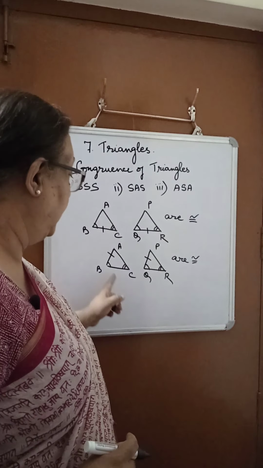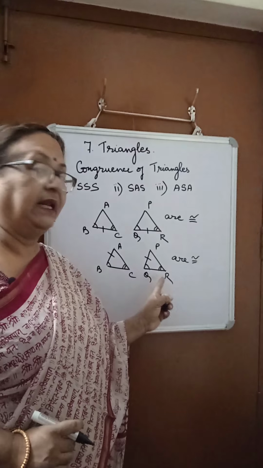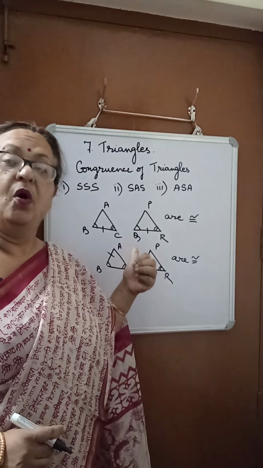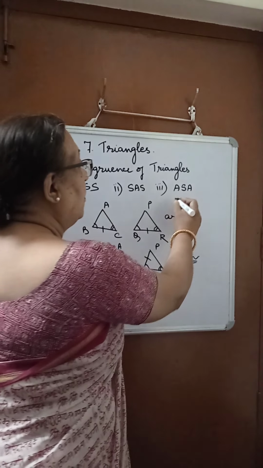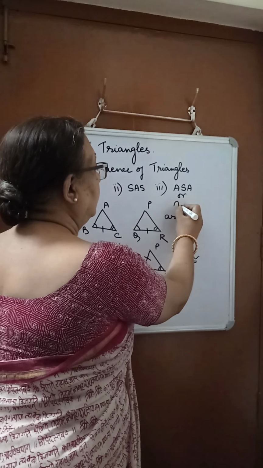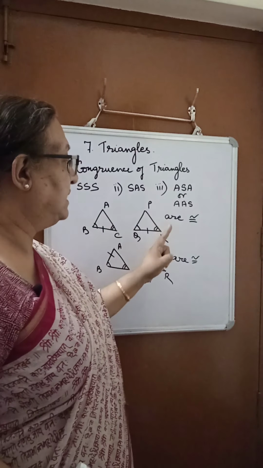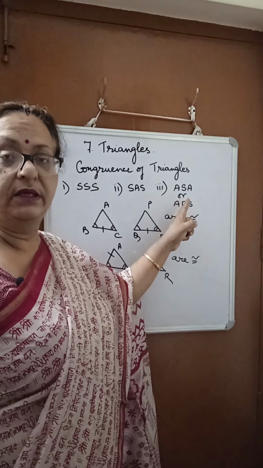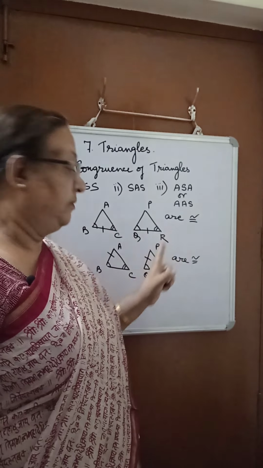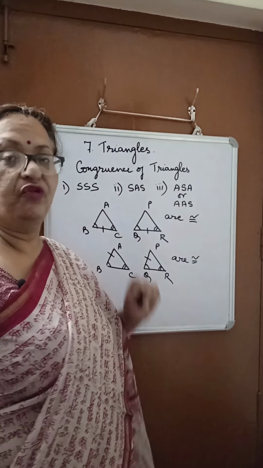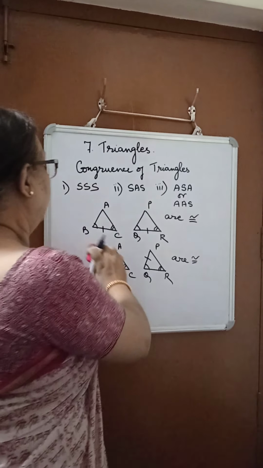Why? Because if two angles are equal, the third angle will always be equal. Therefore, this rule we can also write as AAS. Not necessarily the included side. Any two angles and any one side must be equal. Then the triangles are congruent. Clear?